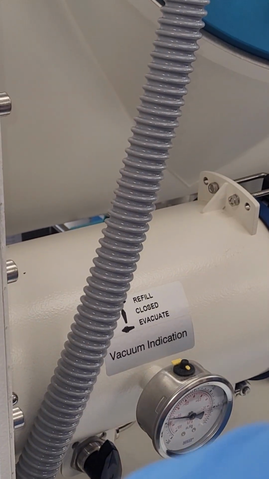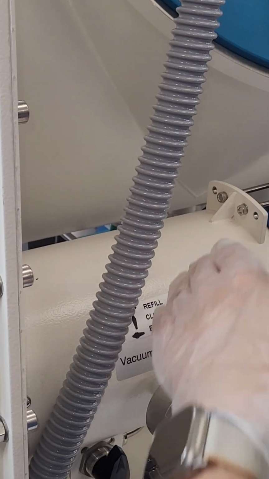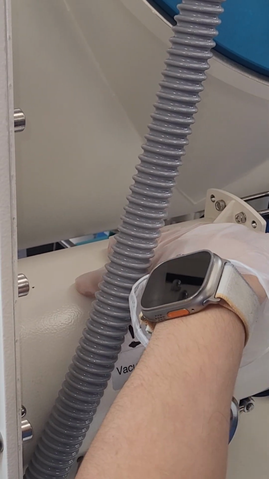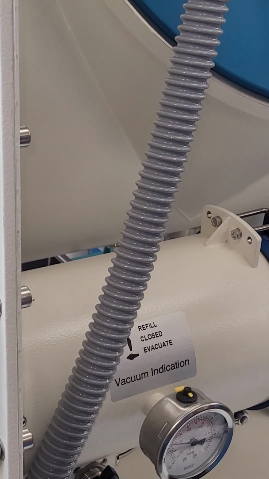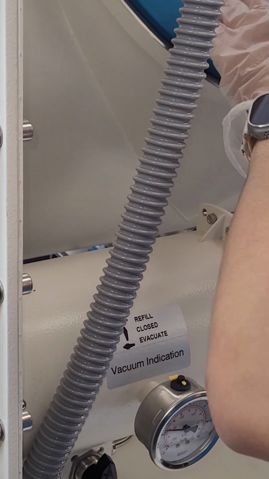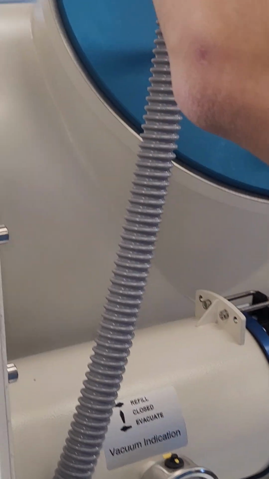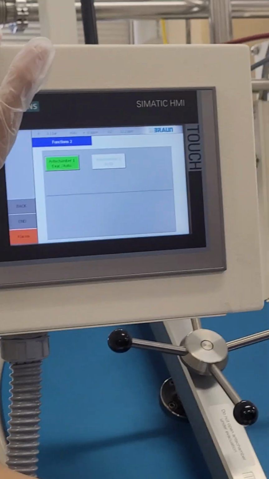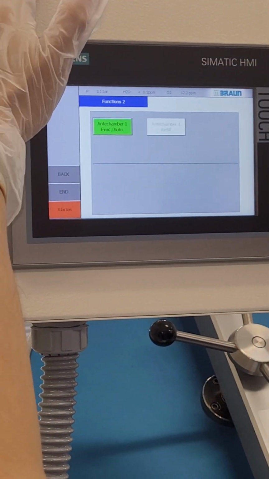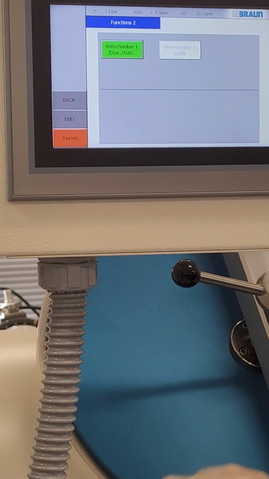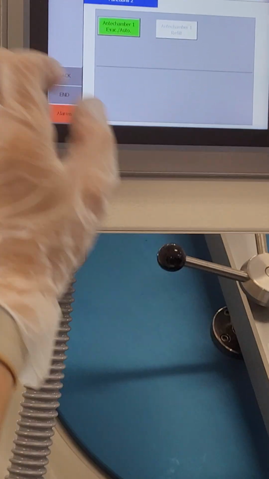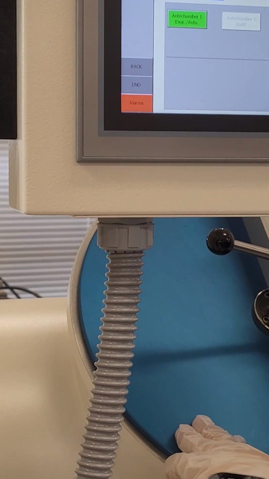But when transferring from outside to inside, you have to pump it down three times and refill three times to get rid of the water and moisture from the environment. So right now, let's let it pump down for a little bit, because it's big, so it pumps down slower.